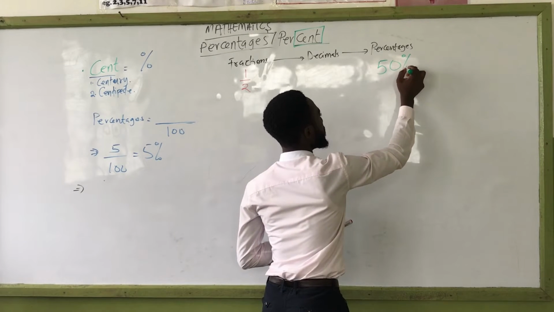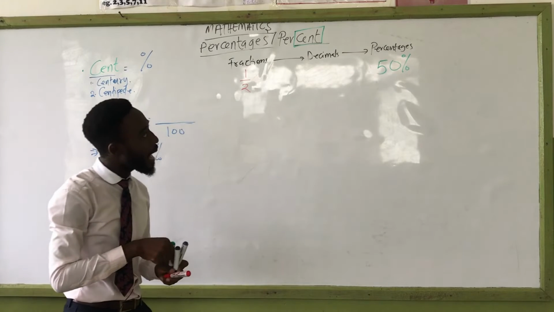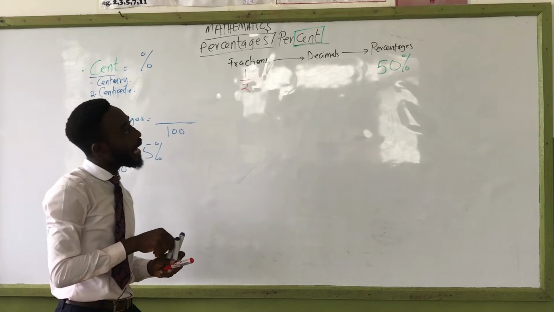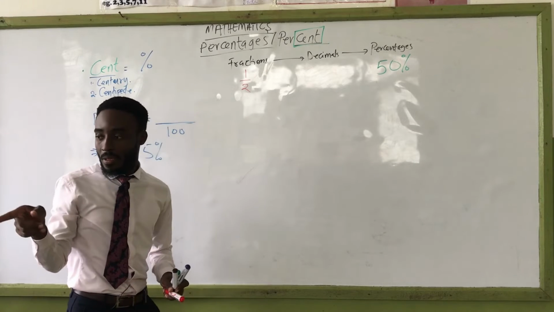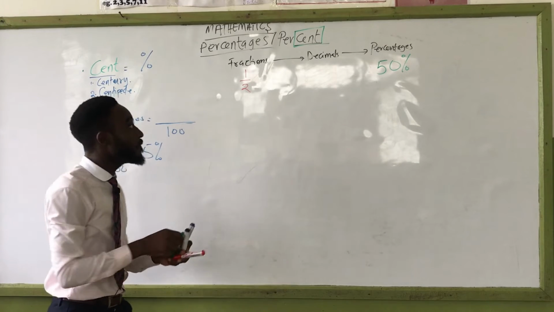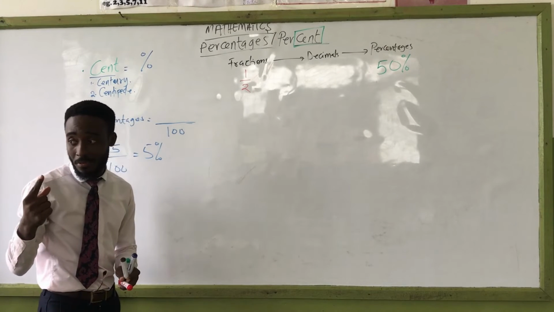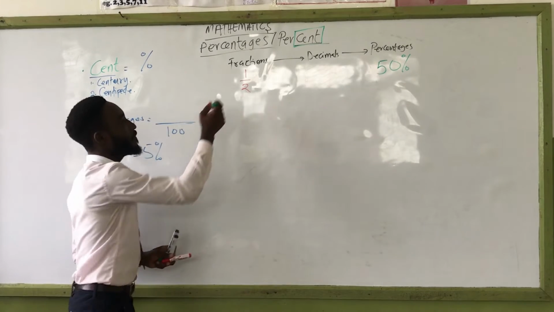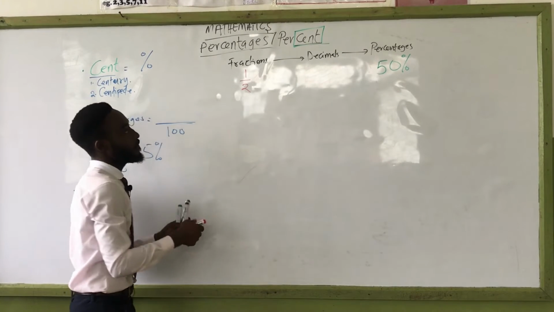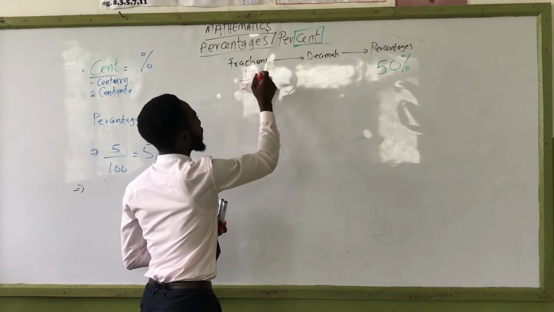And you could also write it as a fraction in an equivalent form: 50 out of 100. That's an equivalent fraction, right? Watch here. So 50 out of 100.